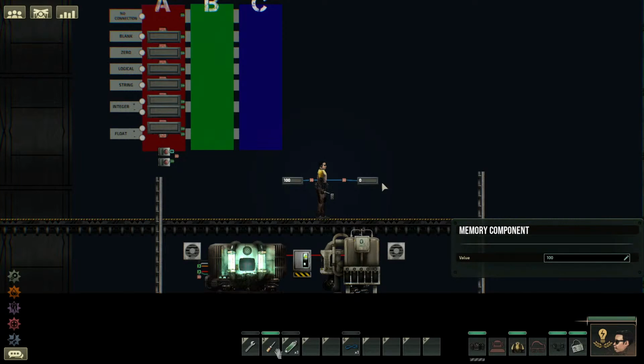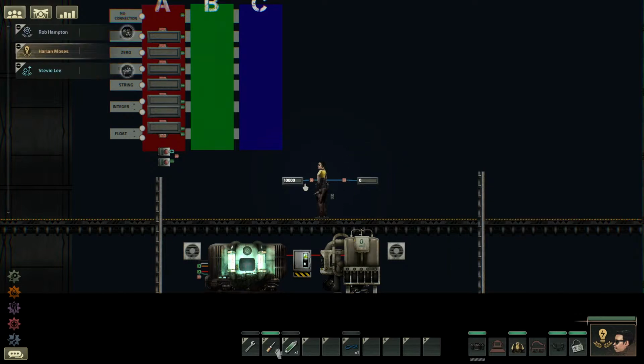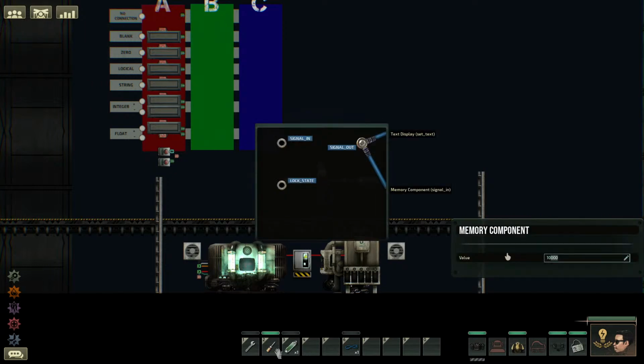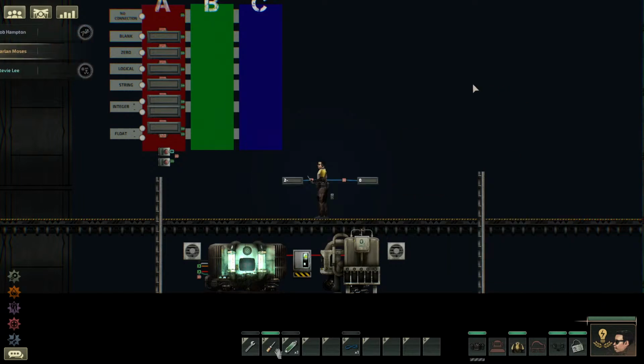right? So now we're in the original state where there's nothing attached to it. The state is now locked. I used the switch to lock it and it will stay locked until I unlock it. So it starts off with no signal, right?